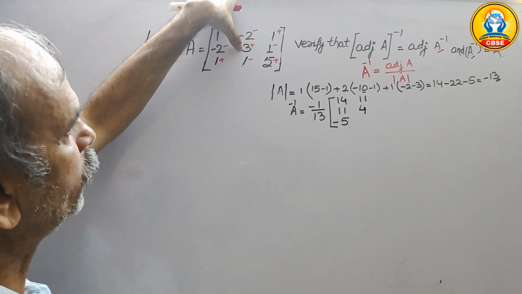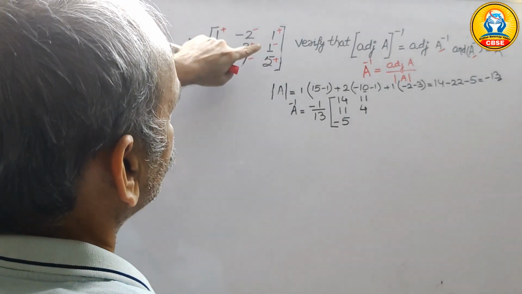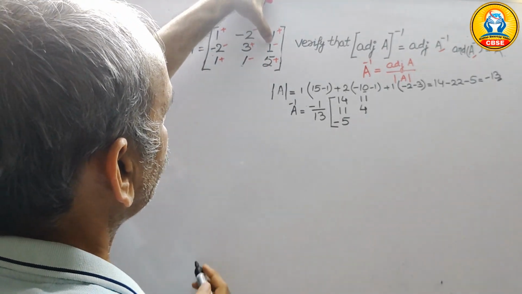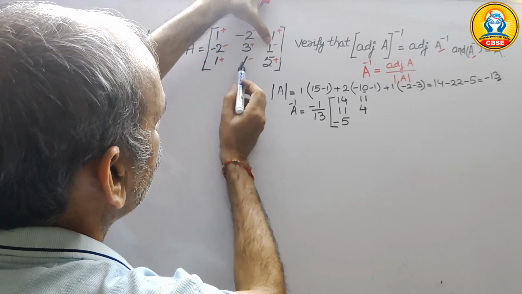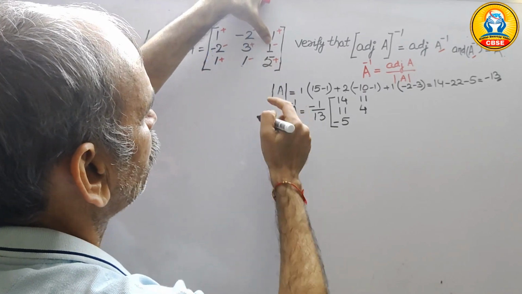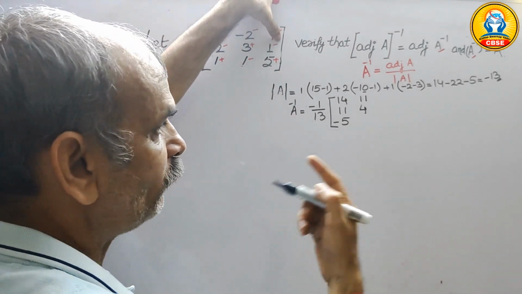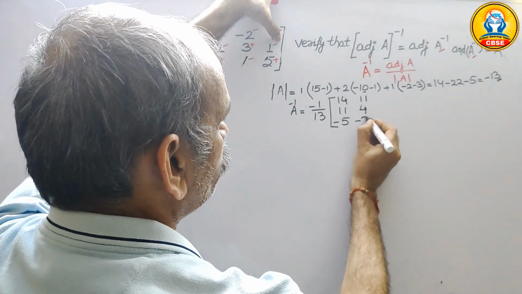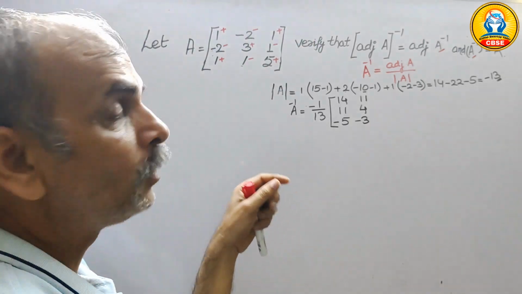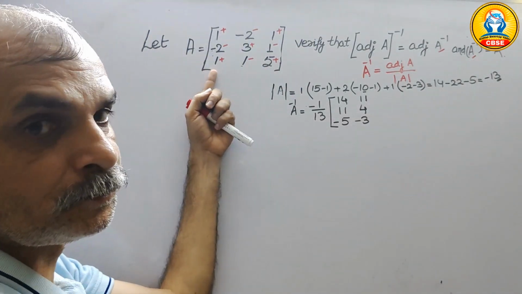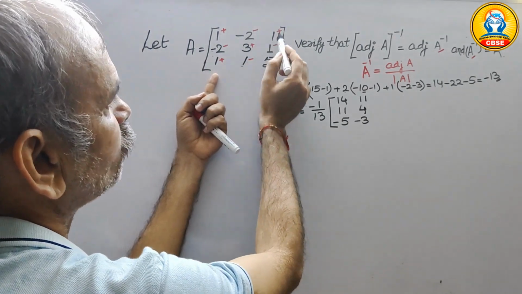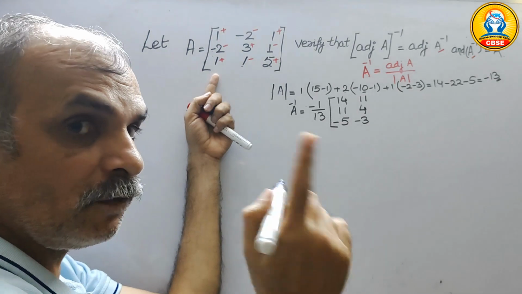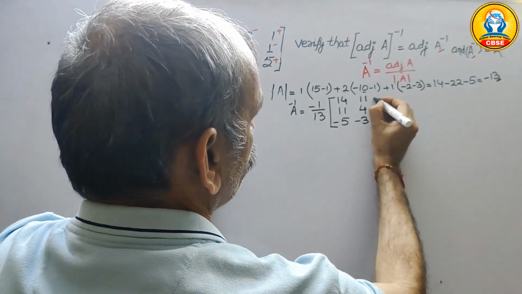Next is this element, minus element, so we have to go for 1 plus 2 is 3 and sign is minus. So we will get minus 3. Next comes this. That means minus 2 minus 3 is minus 5. Sign is positive, we will get minus 5 only.